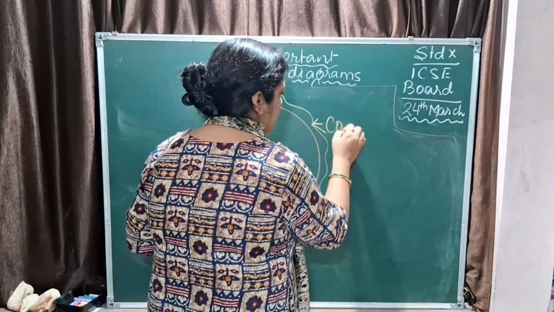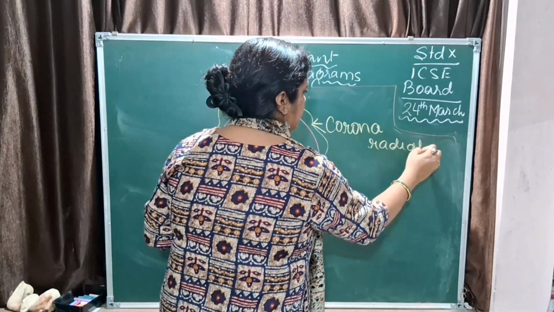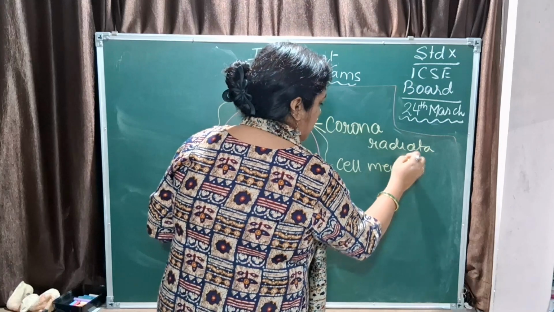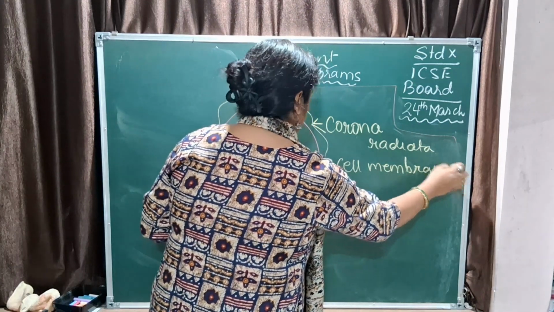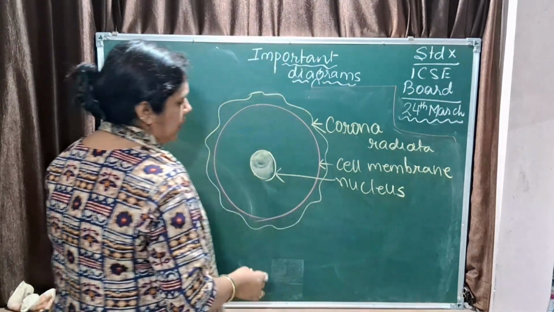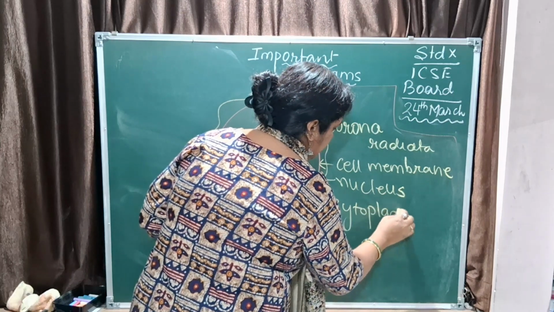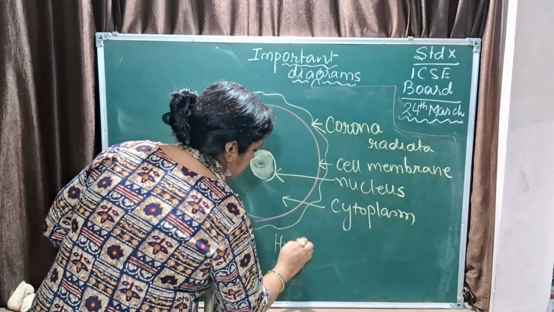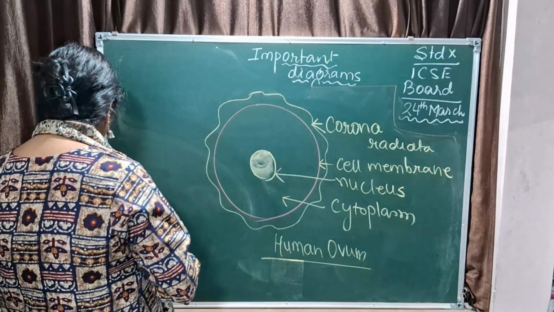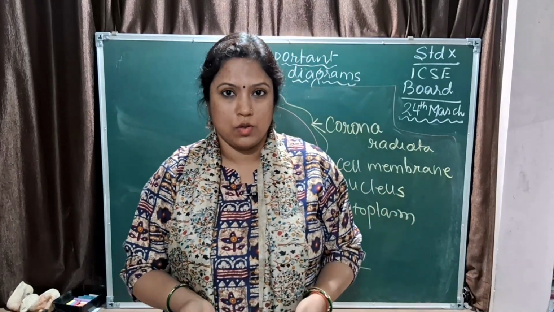You have corona radiata, the cell membrane, the nucleus, and the cytoplasm. So this is the human ovum. So with this we are actually done, because after chapter 13 you have human evolution.